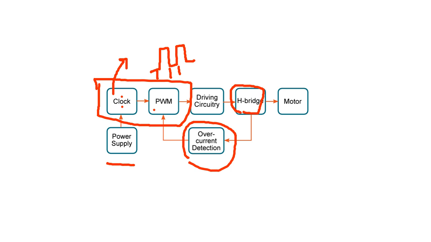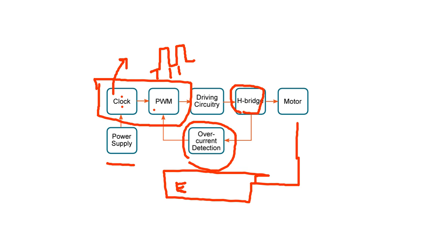Actually, this is a closed loop system. If we have a sensor, a feedback loop, this is called a closed loop system. Also, if you use any speed sensor, for example, an encoder measures the rotor angle.